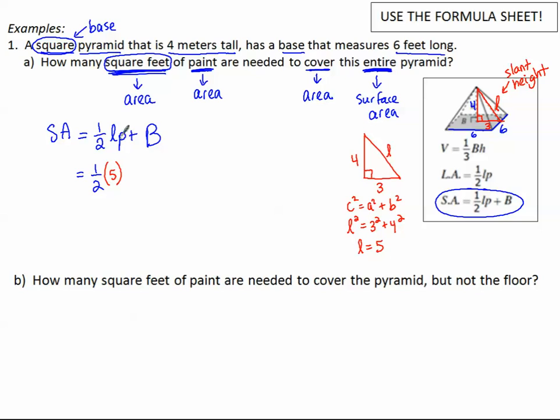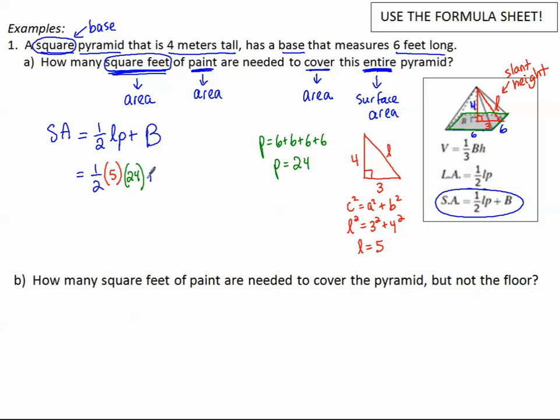Now I need P. P means the perimeter of the base. If the base is this square and it's 6, 6, 6, and 6, how do we find the perimeter? Add up all the sides. 6 plus 6 plus 6 plus 6. All of that together, our perimeter is 24. So 24 in for the perimeter.